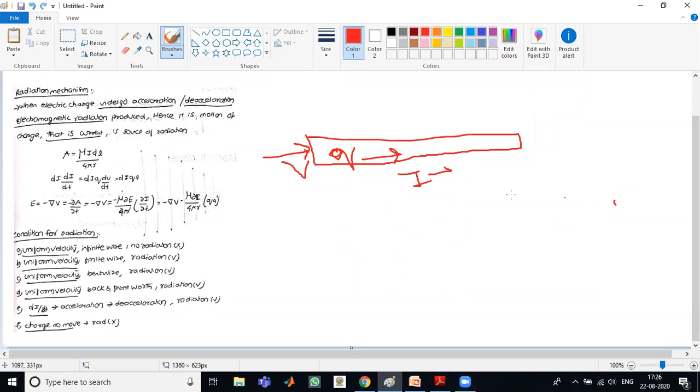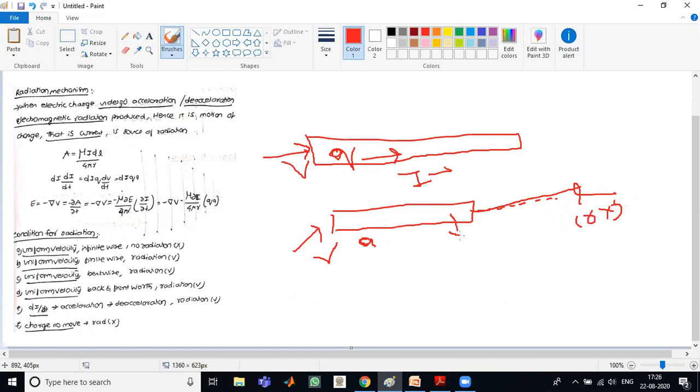For example, there is a wire of infinite length. When you apply the voltage, there will be acceleration of charges, but as it is of infinite length, radiation is not produced.